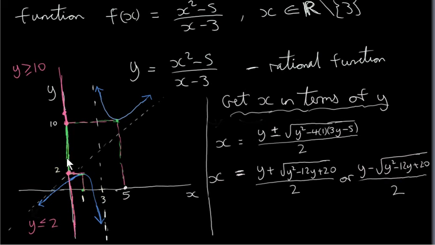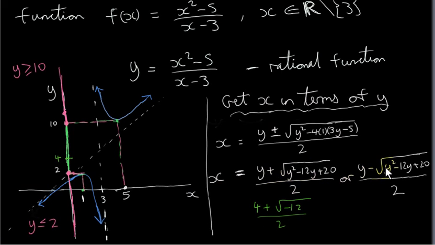However, if you plug, say, 4 in, which we saw earlier, what you will get is 4 plus the square root of 4 squared, which is 16, minus 4 times 12. 16 minus 48 is minus 32, plus 20, minus 12, so we get the square root of minus 12.